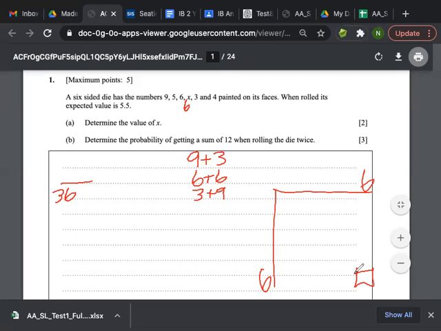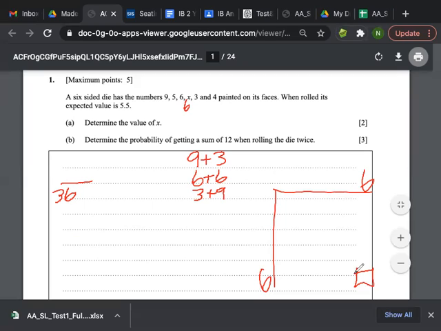Because if I say I rolled a 3, then a 9, that's different than me saying I rolled a 9, then a 3. But if I say I rolled a 6, then a 6, that is the same thing as me saying I rolled a 6, then a 6. Does that make sense? Yeah. Because I'm not saying the word and, it's then.